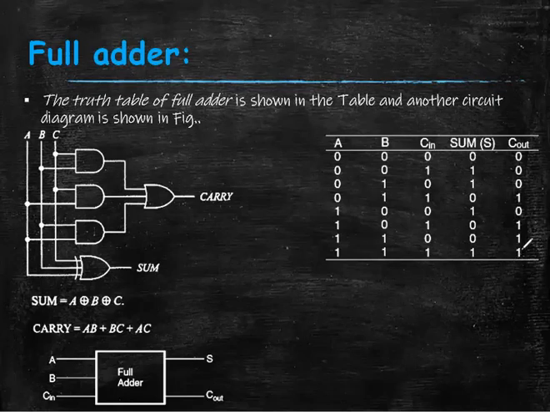And in the case of Cout, Cout is high in 4 cases. First, when B and C are high, it is high, and when A and B are high, it is high.